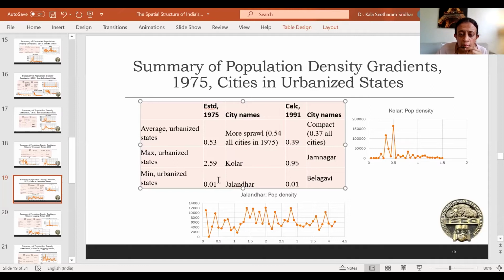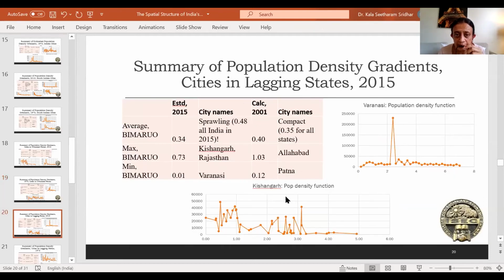The most suburbanized here is a city called Jalandhar in Punjab, which is north of Delhi, the national capital region. Although Punjab is defined as an urbanized state, it is a very rich agricultural state, and it has some excellent infrastructure in the form of highways. So this presumably explains the urban sprawl of this particular town, which is the most suburbanized.